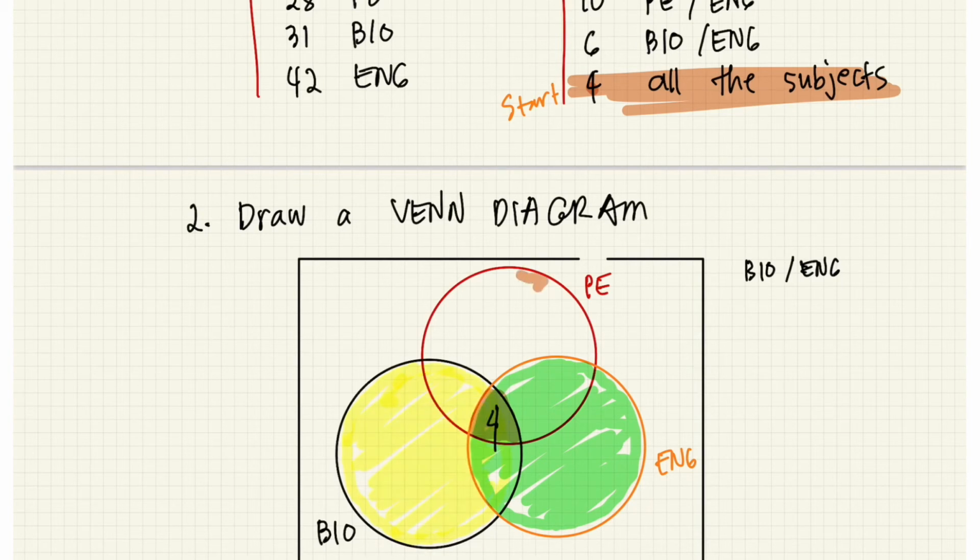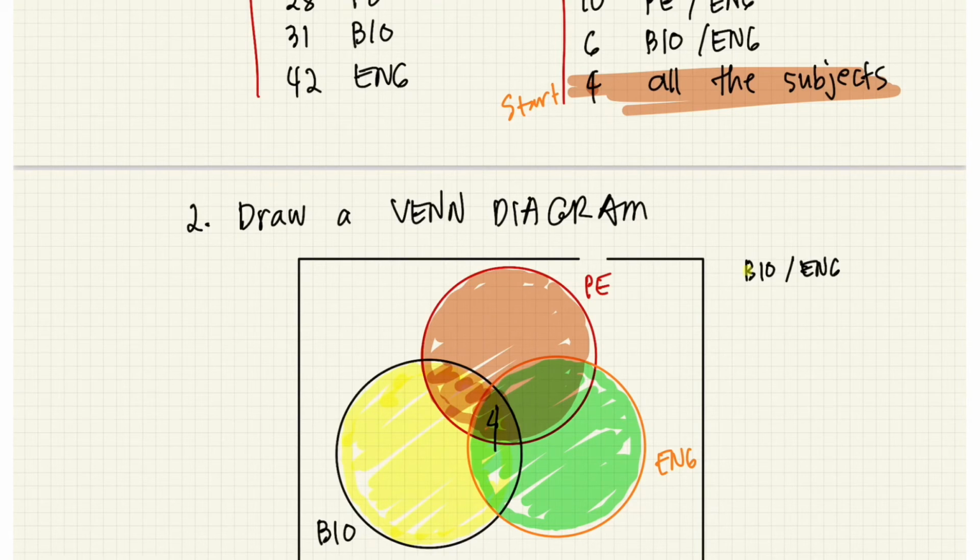Alright, then PE as brown. Alright, so now we have biology and English.